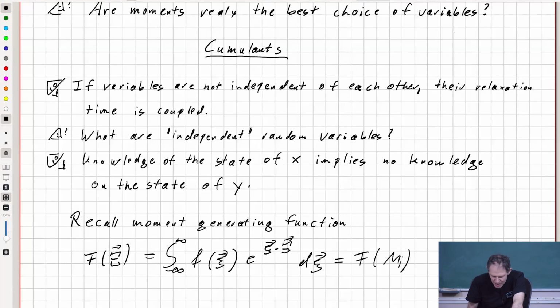Yeah, so this is a Laplace transform. Actually, the original Laplace transform has a minus here. We have the opposite sign convention. This is like you're doing an inverse Laplace transform.